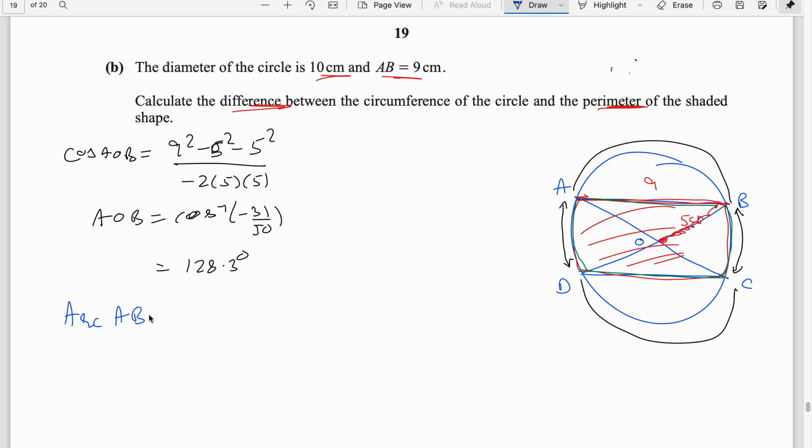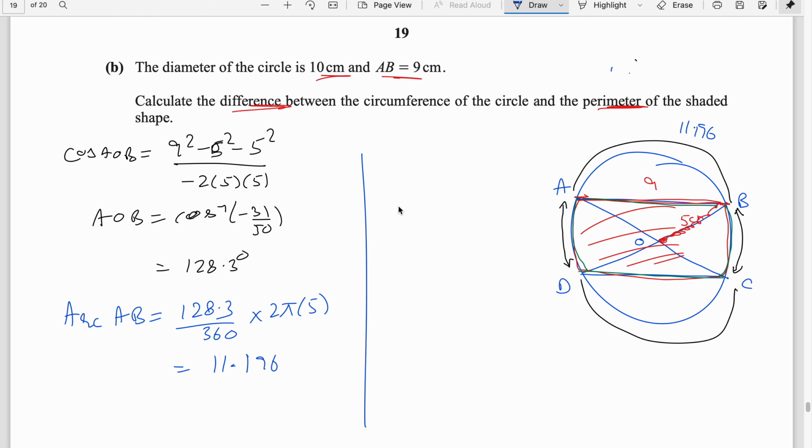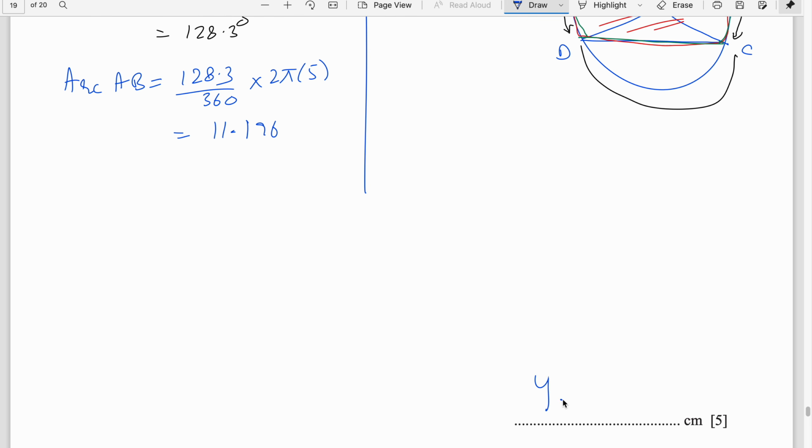So arc AB is 128.3 by 360 times 2 pi r. I'm getting 11.196. So 11.196 on both sides: 11.196 times 2 minus 9 times 2 is 4.392, approximately equal to 4.39.